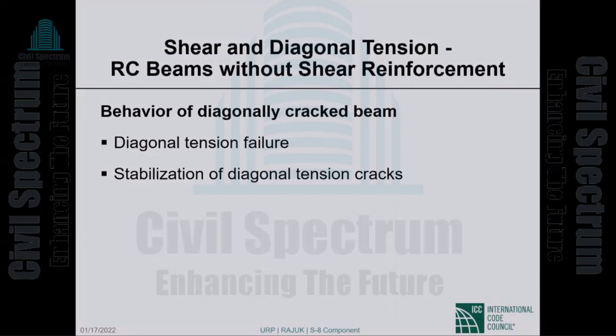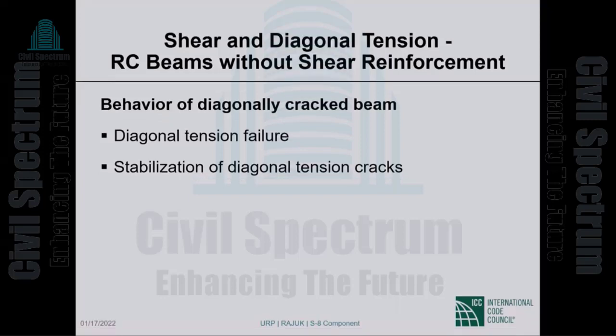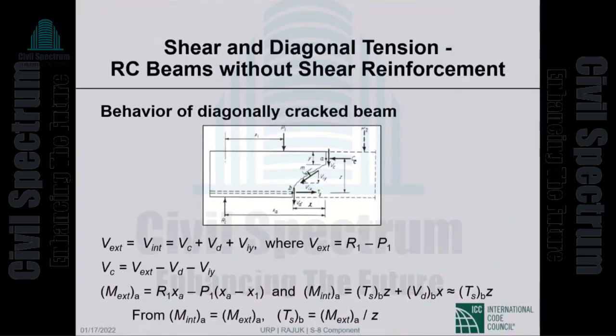It goes all the way through, causing failure of the beam. That would be diagonal tension failure. That is not uncommon by any means. Or the diagonal crack may stabilize and the beam could go on carrying higher loads. Both scenarios are possible. Okay?